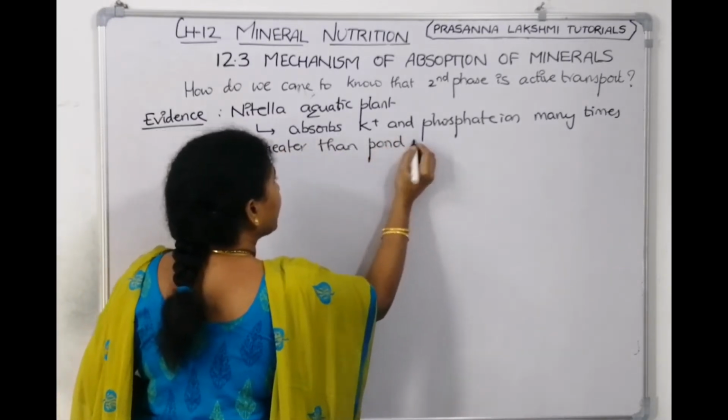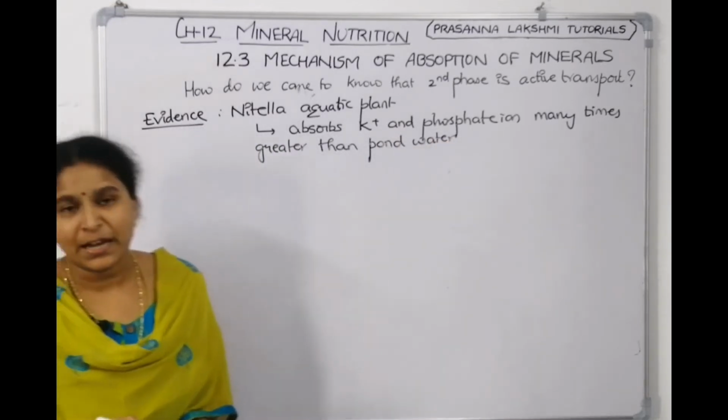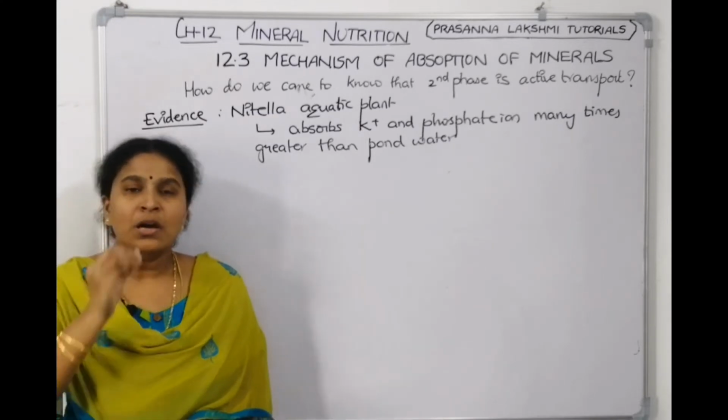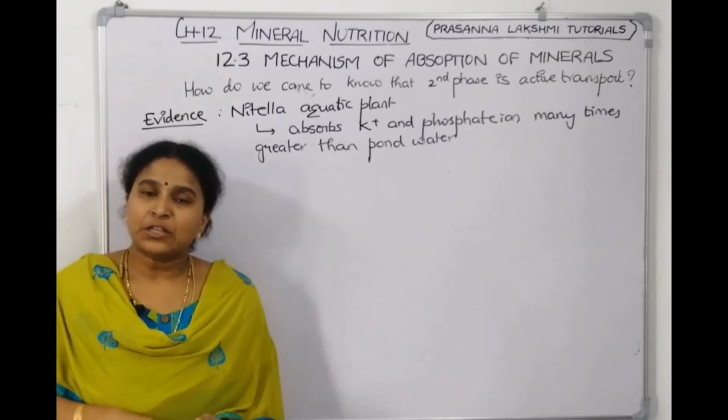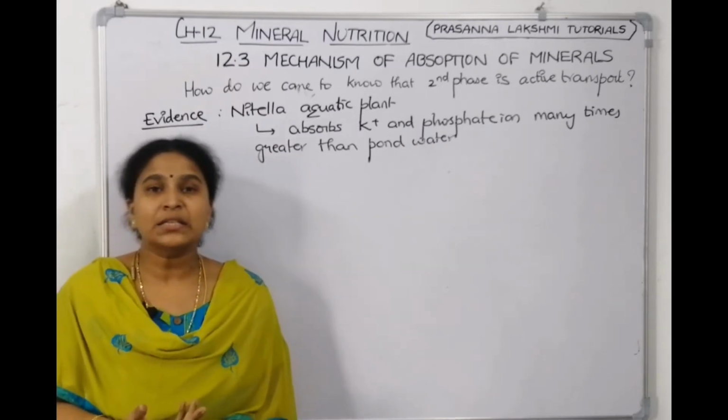Whatever K+ and phosphate ion concentration is there in the water, the plant takes it. That means ions move from low concentration to high concentration. If it is going from low to high, it is against the gradient, and whenever it is against, it requires ATP.